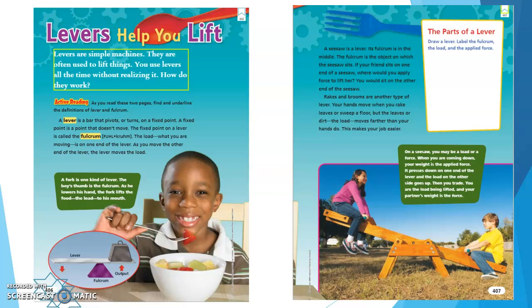How do they work? Active reading. As you read these 2 pages, find and underline the definition of lever and fulcrum. A lever is a bar that pivots or turns on a fixed point. A fixed point is a point that doesn't move.